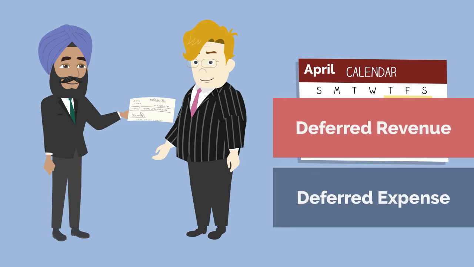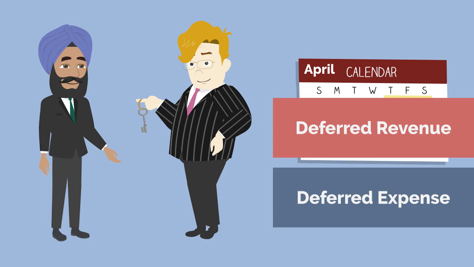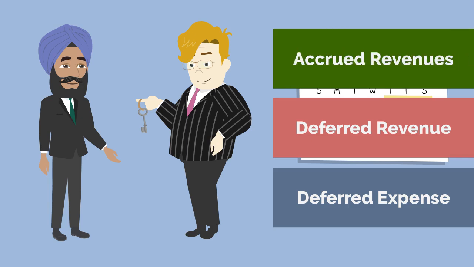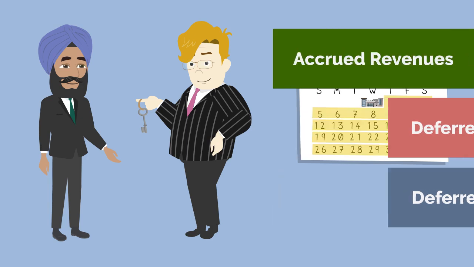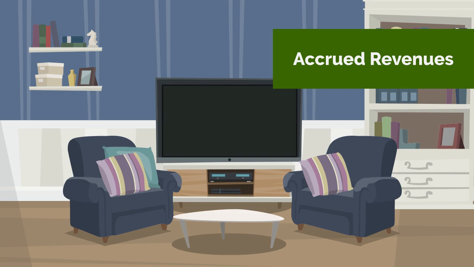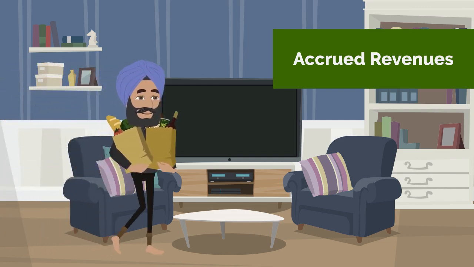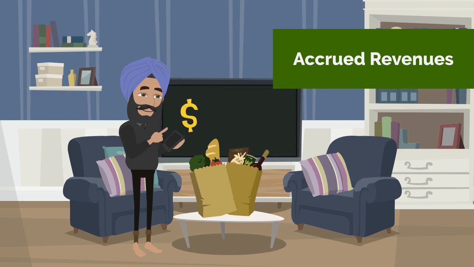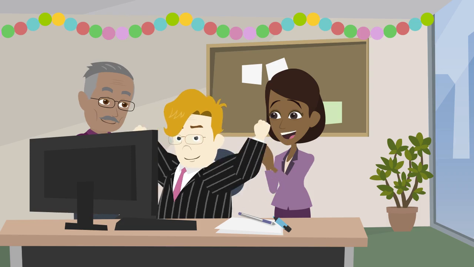Now that we've covered deferral adjustments, where the cash transaction happens first and the delivery of goods and services follows, we'll take a look at accrual adjustments. Accrual adjustments are the opposite of deferral adjustments. When the delivery happens first, then the cash transaction follows. Accrued revenues are situations where the revenue is earned, but we haven't received cash for it yet.